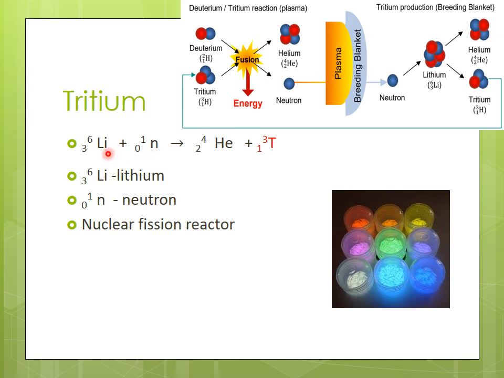When it hits the lithium, it breaks into 2 almost equal size nuclei, one is helium, another one is tritium. So 3Li6 is lithium and this is called a neutron. You can look at here. So the lithium is the heavy particle. It was attacked by the neutron, slow moving neutron. It breaks somewhat into 2 equal halves, that is helium and tritium.